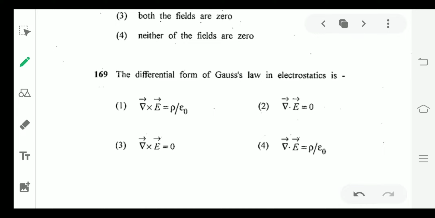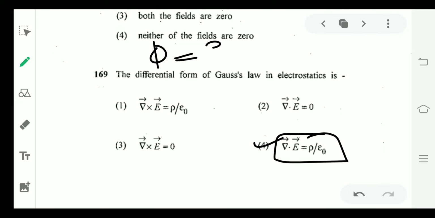Next question is the differential form of Gauss law in electrostatics. We will derive this differential form of Gauss law. Del dot E is equals to rho upon epsilon naught from the Gauss law, which is simply the flux passing through a unit area is equals to the charge enclosed by that surface upon epsilon naught.